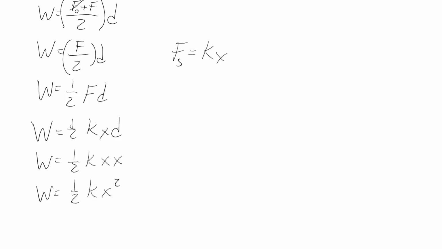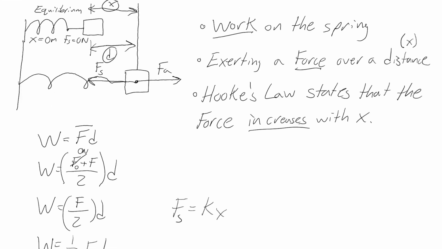Now that should look familiar. What I'm saying is that the work you do in moving the block and stretching the spring is equal to the force times the distance times 1/2. It's equal to the work done. The work done is the potential energy stored in the spring. You're exerting energy on this block. Where's that energy going? It's being stored in this spring here.